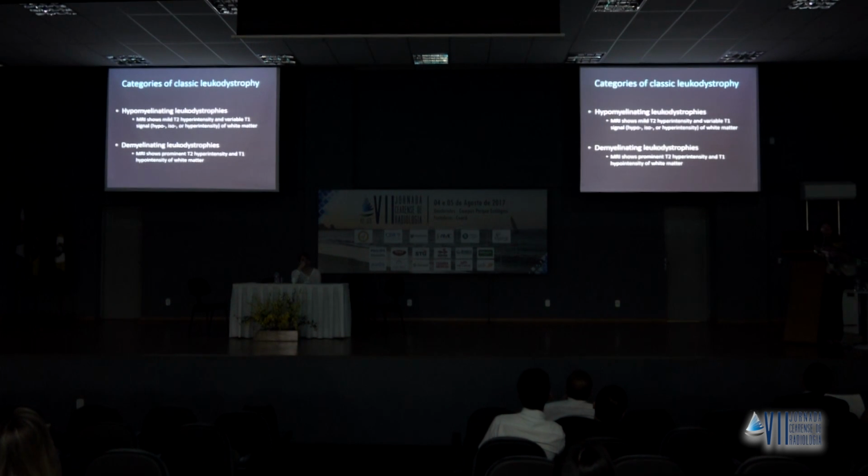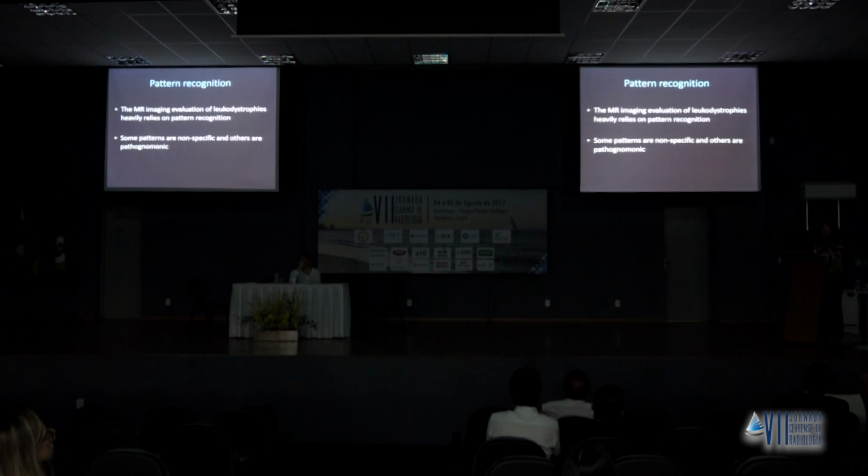So in the classic leukodystrophy category that we're going to be focusing on today, there's two big groups, the hypomyelinating leukodystrophies and the demyelinating leukodystrophies, and they can look different. The hypomyelinating leukodystrophies, I'll show you what they look like. It's a T1 and T2 mismatch in signal, and then the demyelinating leukodystrophies where it's a much more prominent T2 hyperintensity.